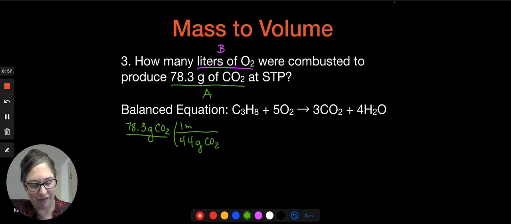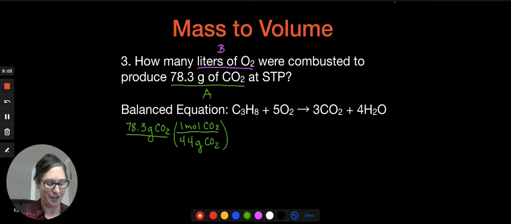That's why you're seeing 44 grams often, because they both have the same molar mass. Just happened to happen that way. Coincidence. Okay. And so now let's go ahead and use our mole ratio to go from moles of CO2 to moles of O2. So for every 3 moles of CO2, we have 5 moles of O2.